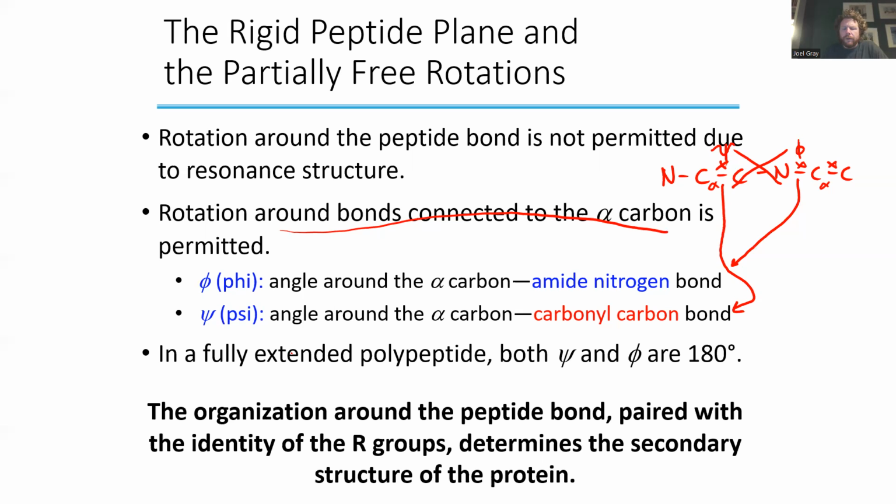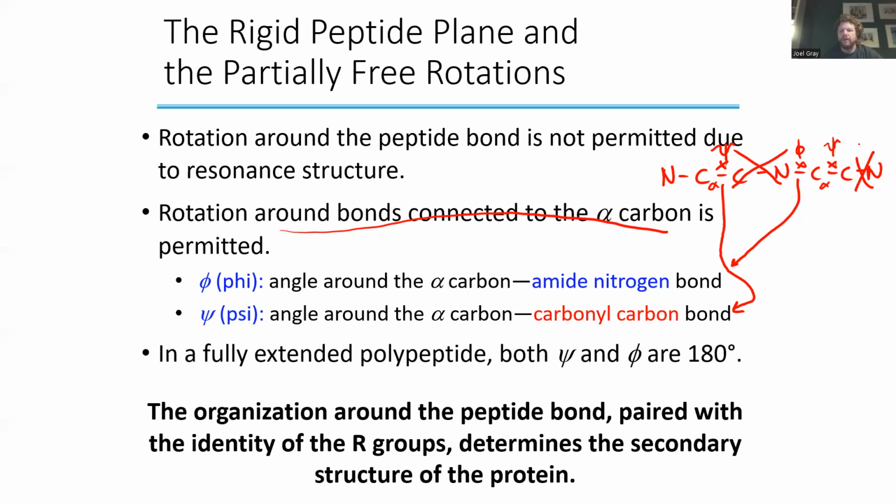Okay, now those are the two bonds that you're going to see that rotation. Again, if we've got this peptide going on, that's not going to rotate, but this one will. So these phi angles and these psi angles, they're going to rotate. Now, in a fully extended polypeptide, in a polypeptide that has been stretched out, then your phi and psi angle measures are going to be 180 degrees.